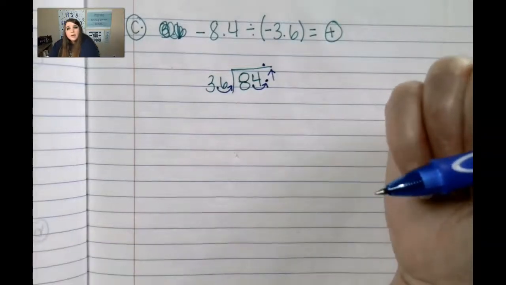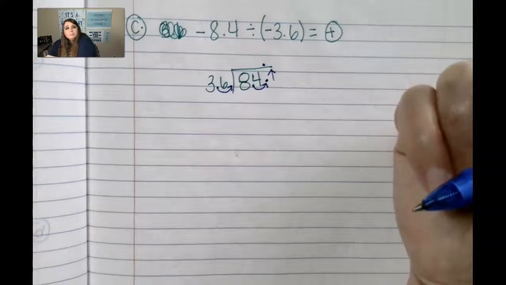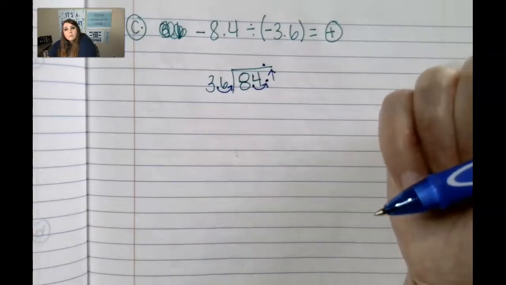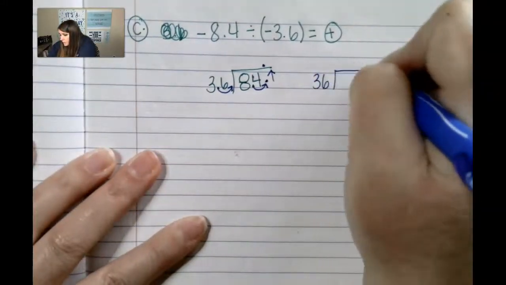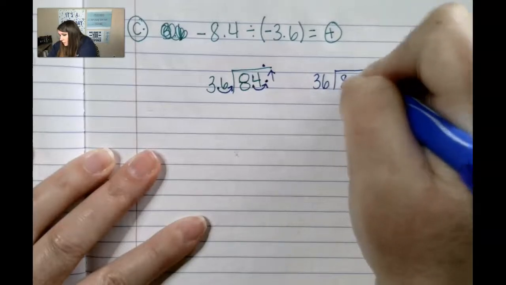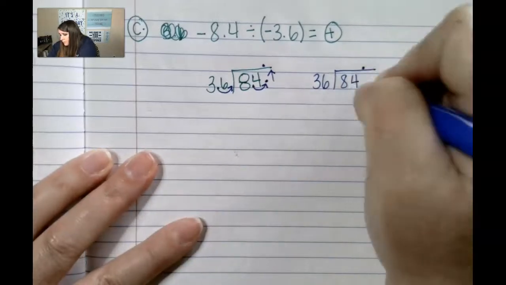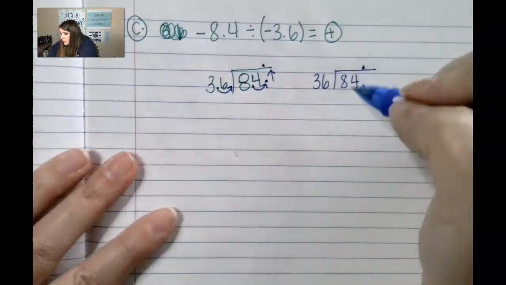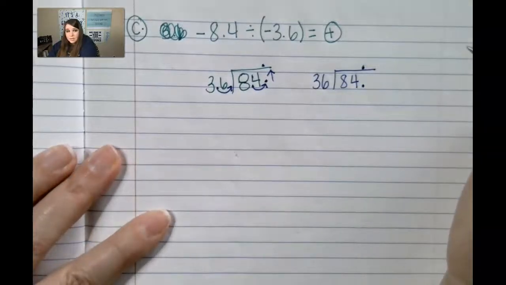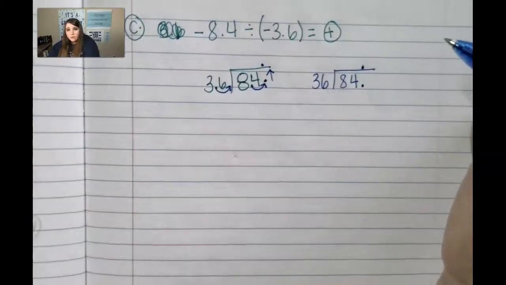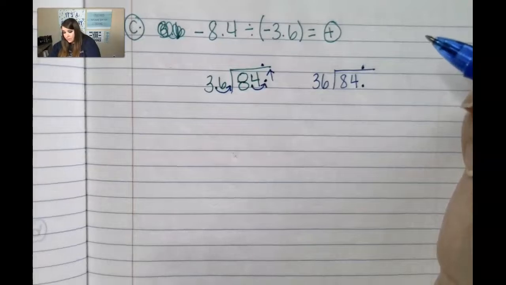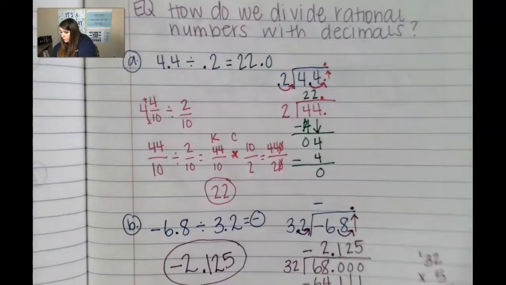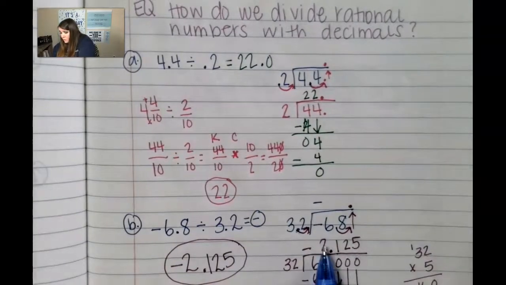And now we are ready to solve. Okay, so we're just going to go ahead and solve this problem. Like it is 36 on the outside and 84 on the inside, and we're going to move our decimal point up. So 84 divided by 36. Well, if we think about our last problem that we just did, we looked at 32 going into 68, and we knew it was twice.